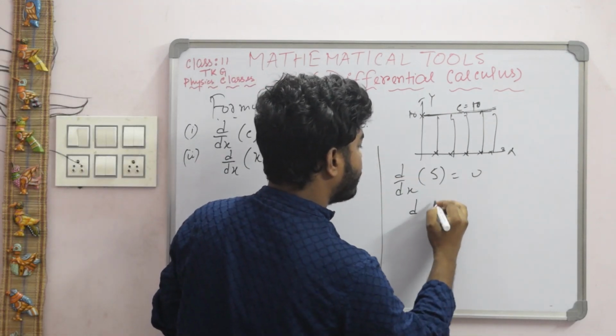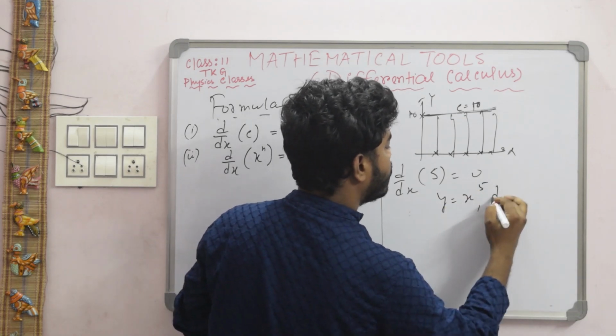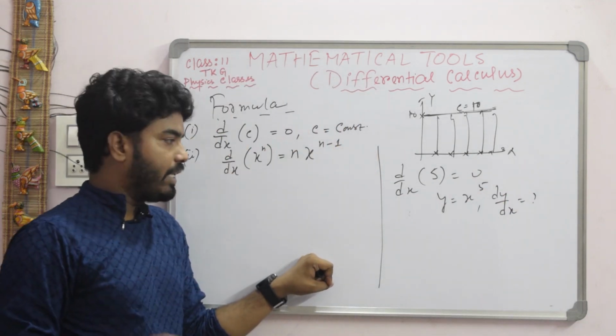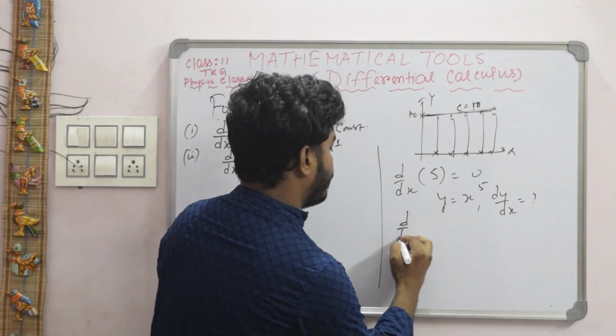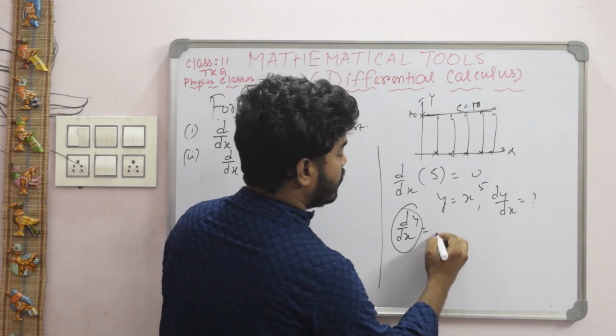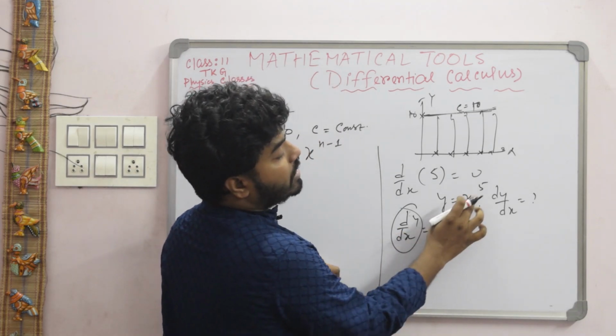Let's take an example. Suppose the question gives y equals x to the power 5 and you have to find dy by dx. So you can write d/dx of x to the power 5.